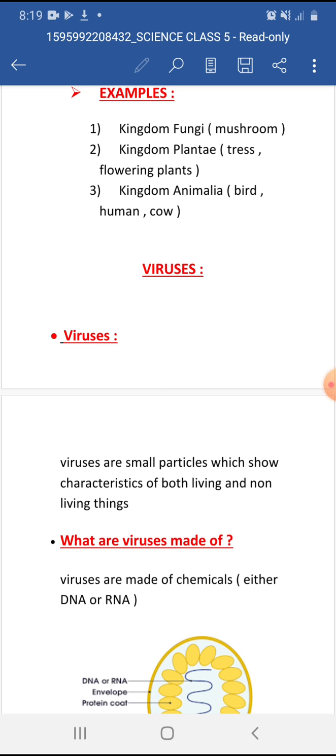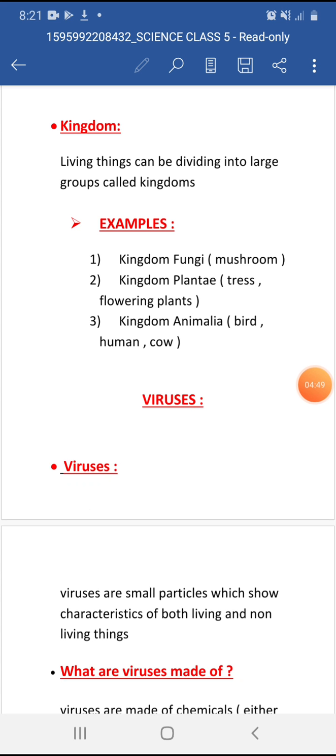Like, why do we do classification? So students, we do classification for our own ease. When we do classification, it is easy for us to study different things, like we divide them into groups, and it helps us to understand how all the different things in the world fit into a pattern.